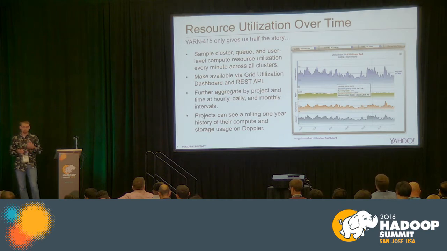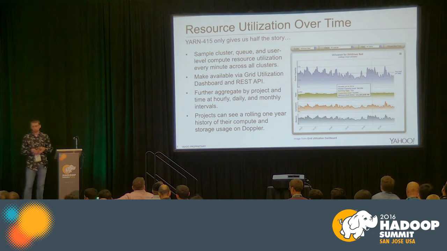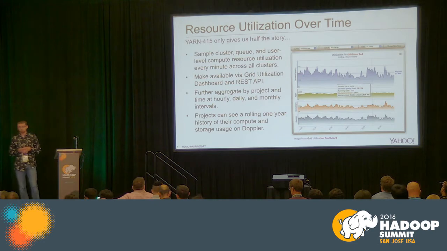So it's easy to go back and see, well, how much did we spike up to last year at Black Friday? We further aggregate this at different levels: hourly, daily, and monthly. So at this point, we can pick a user and see their utilization in one chart over a 3-year span.